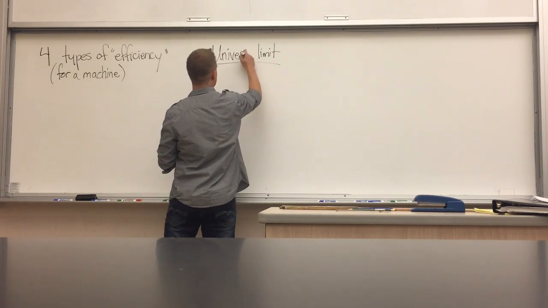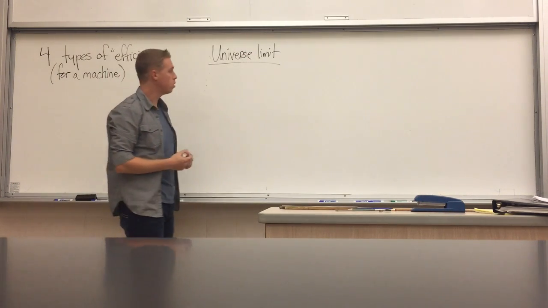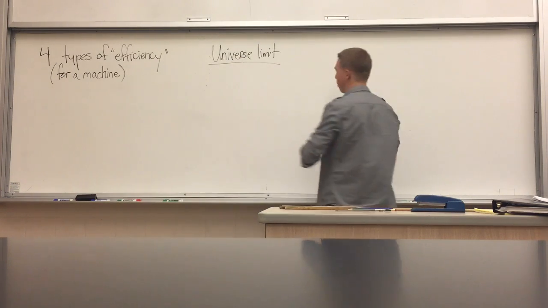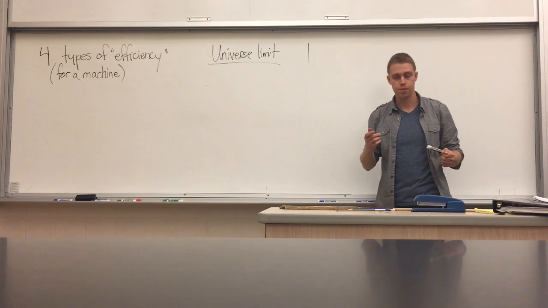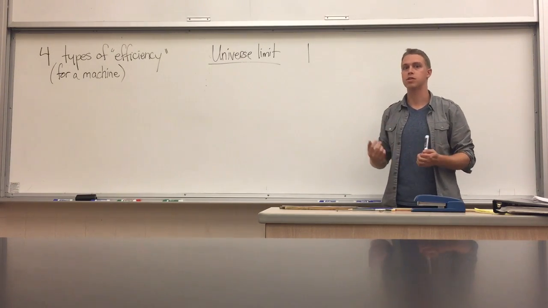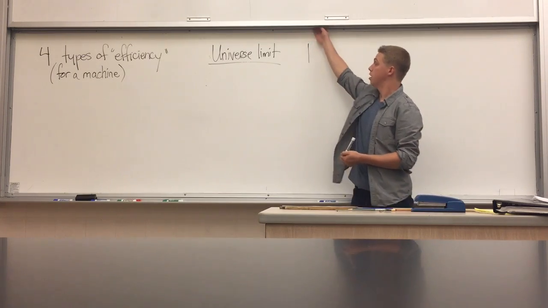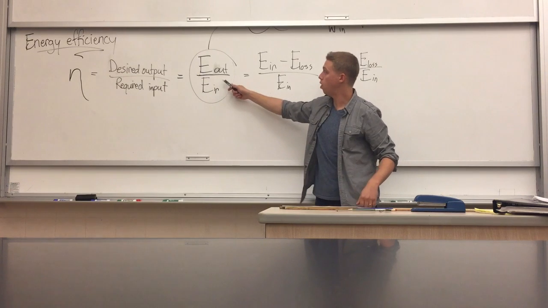I'm spelling stuff wrong today. Universe limit, all right? Now, as you may have guessed, the universe limit, no matter what we're talking about, is 1. Now, where do we get that from? It's obvious if you think about it in terms of the conservation of energy. Imagine that I had an efficiency that was more than 1.